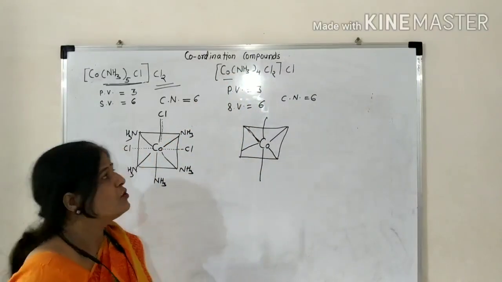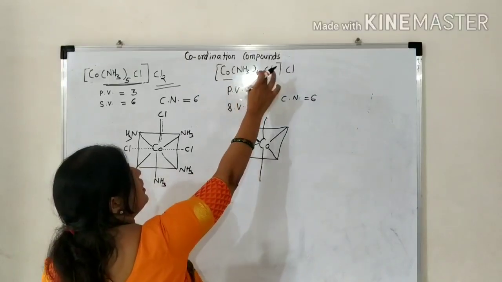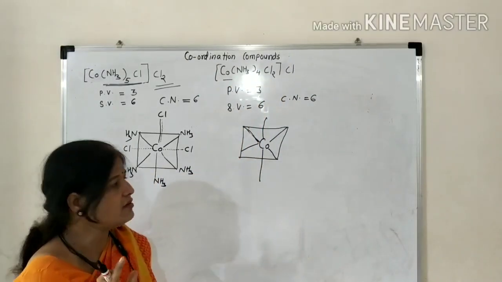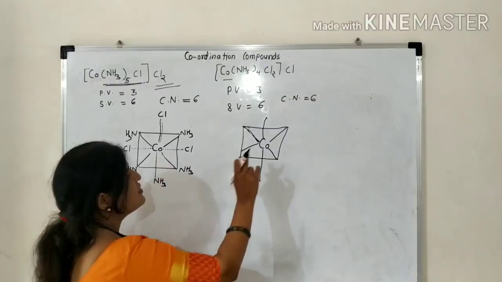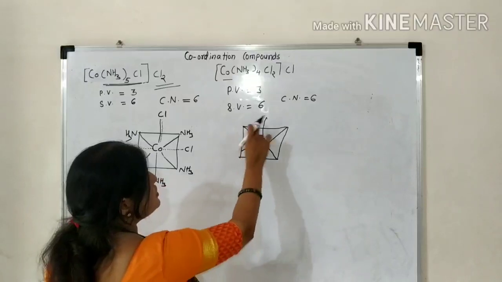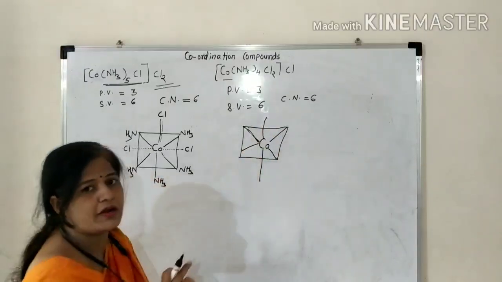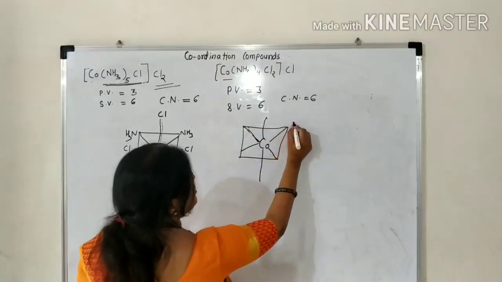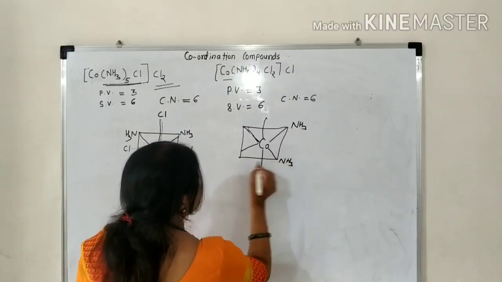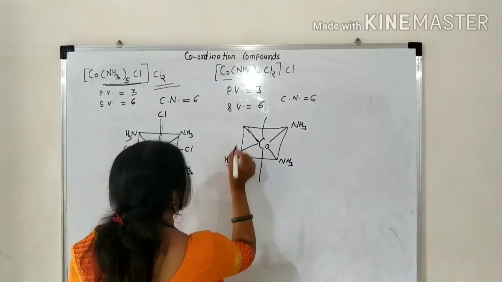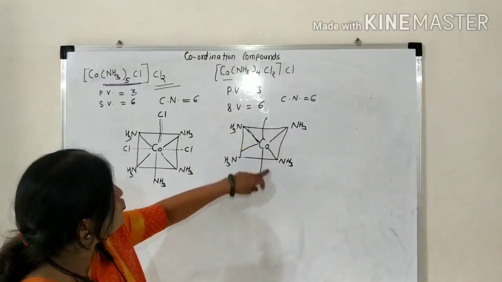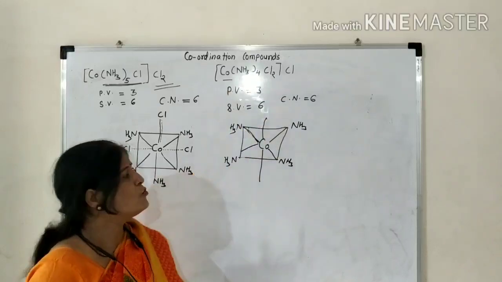That ammonia and these 2 chlorides indicate secondary valency, which means these ligands can occupy positions of the octahedral complex. Here NH3, how many NH3 are there? 4: 1, 2, 3 and 4. The remaining 2 positions are occupied by these 2 chloride ions.